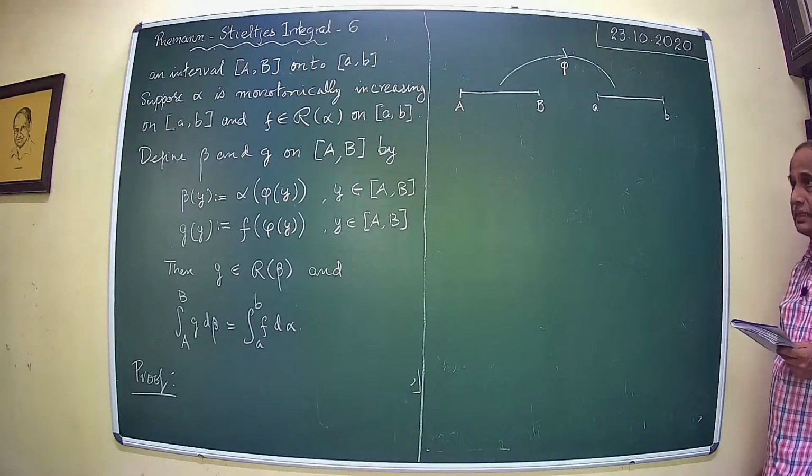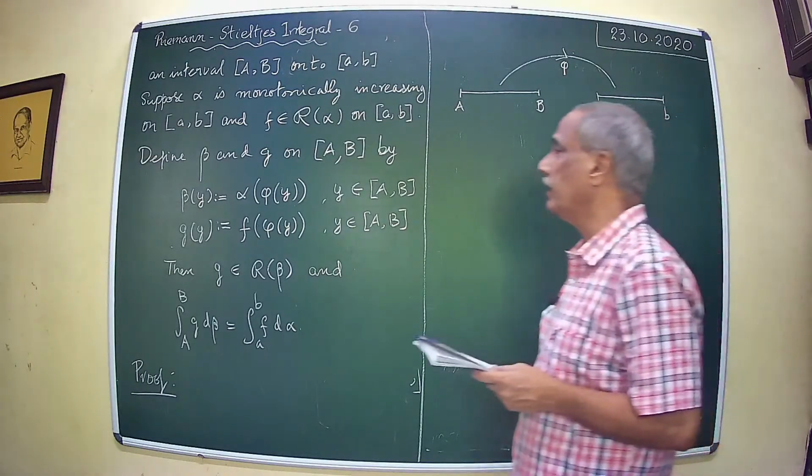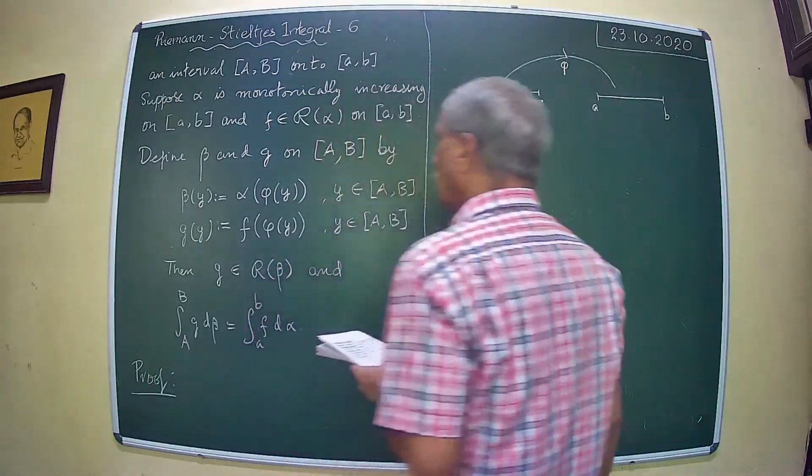Phi is a strictly monotonically increasing function on AB.